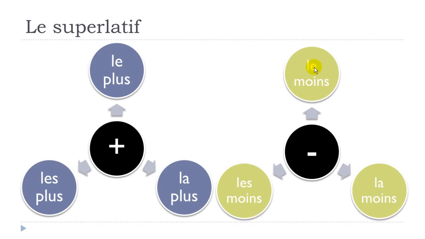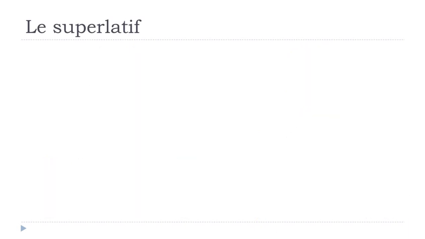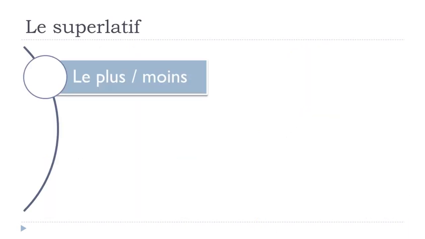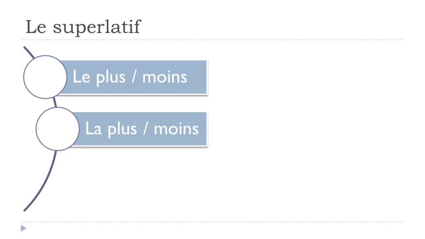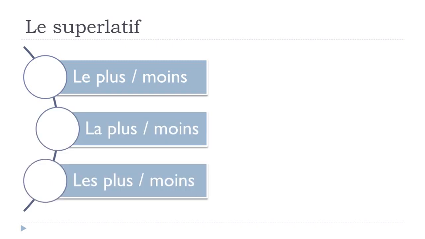Okay, so le moins, remember when we combine this O-I-N together, we get the sound ouin, and we don't pronounce this final S. Le moins, la moins, les moins. Okay, so let's see now. Le plus, le moins, la plus, la moins, les plus, les moins.